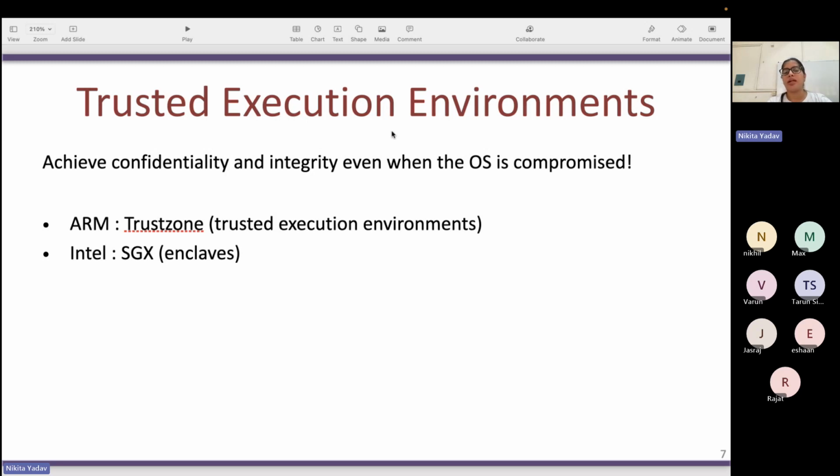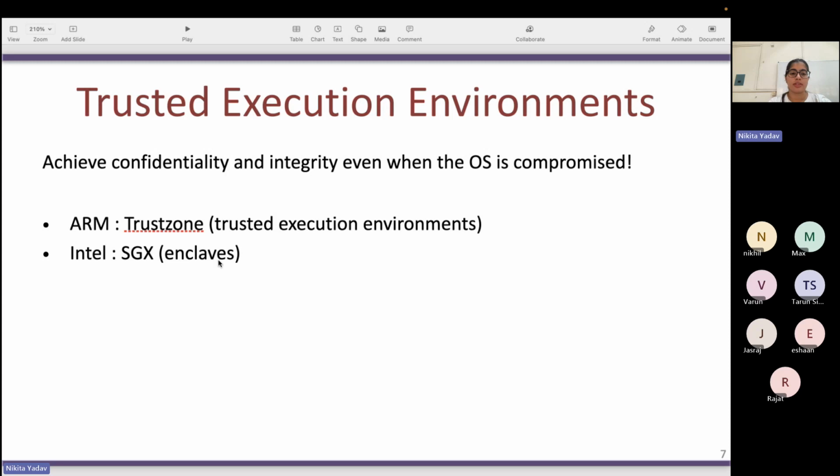So a trusted execution environment basically provides an isolated region, an isolated environment to run your process, which is enabled by trusted hardware, and it is secure even when your OS is compromised. So it's enabled by these two trusted hardware platforms, ARM Trustzone and Intel SGX. And Intel SGX basically provides enclaves.